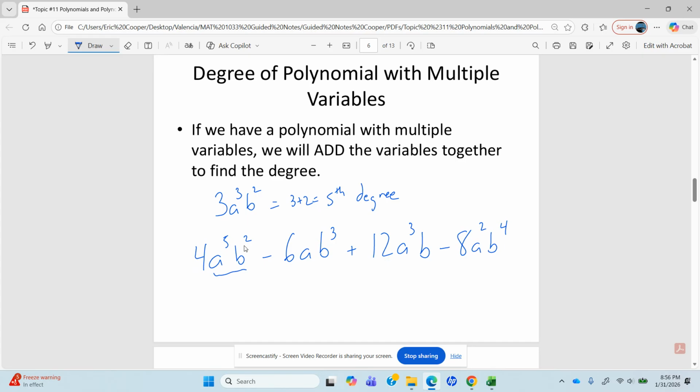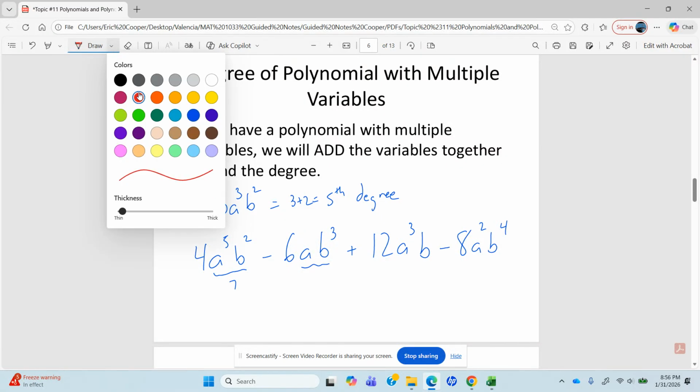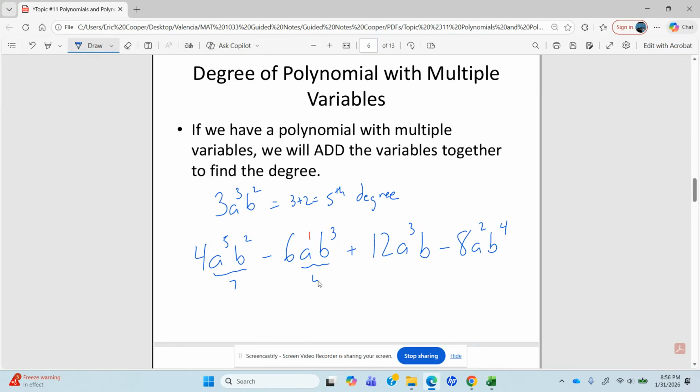If I add 5 and 2, that makes 7. Remembering that if there's no exponent, it's really a 1, 1 and 3 makes 4. 3 and 1 is also 4. 2 and 4 would be 6. So the first one is the highest. This would be a 7th degree polynomial.